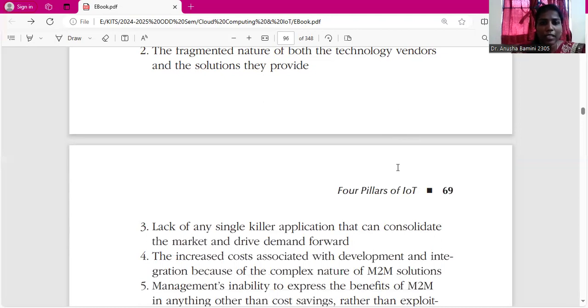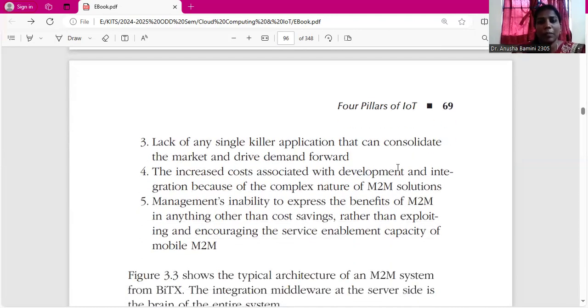The third one is lack of any single killer application. We can easily say IoT applications are working very nicely, but in the background a lot of applications are supporting that particular IoT application. So if any particular software failure occurs, the entire system or machine to machine application would collapse.